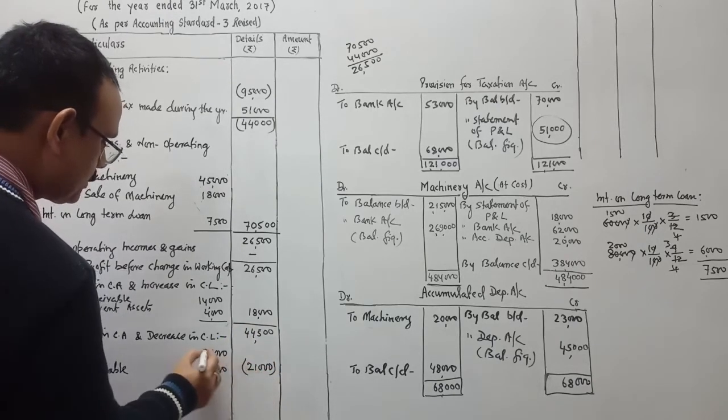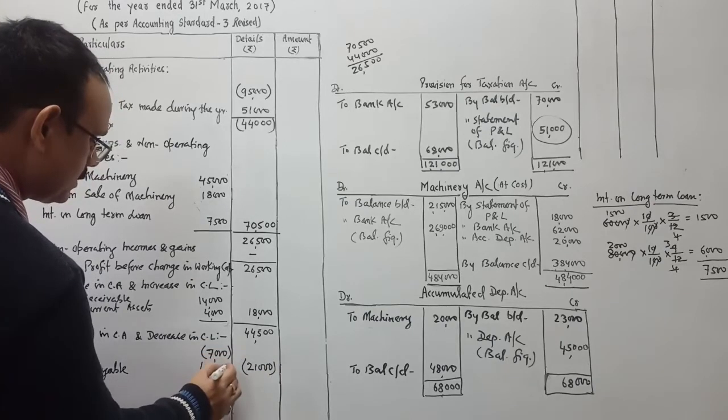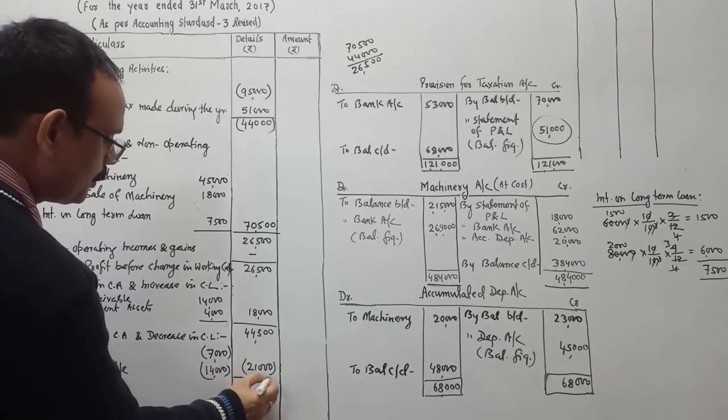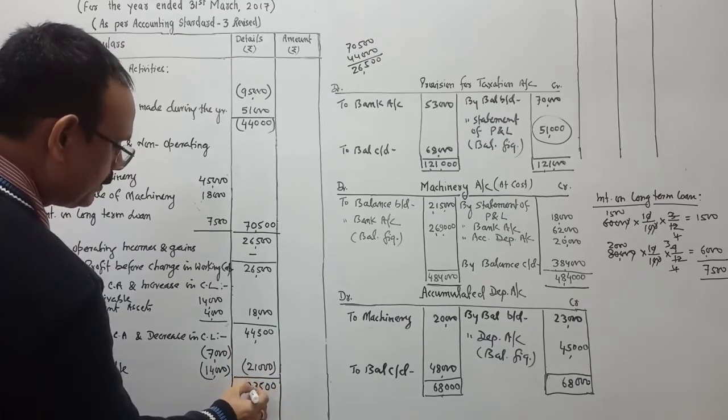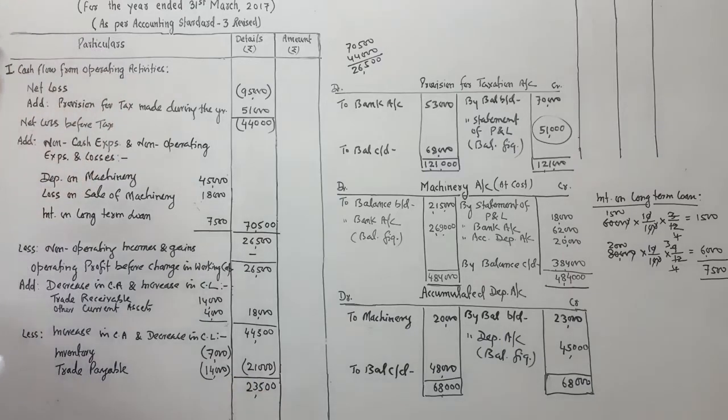This is minus. So after deducting 21,000 the figure is 23,500. Is it clear? 23,500.